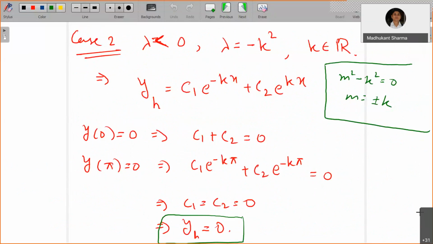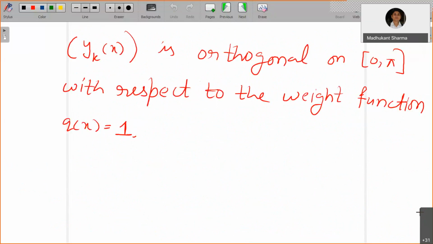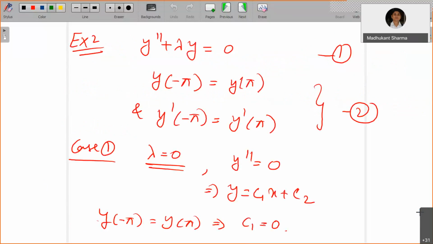So y_k(x) is orthogonal on 0 to π with respect to the weight function q(x) equals 1. Let's take another example: the same equation, but with different boundary conditions. Since the conditions are different, you have to look at the cases again individually.